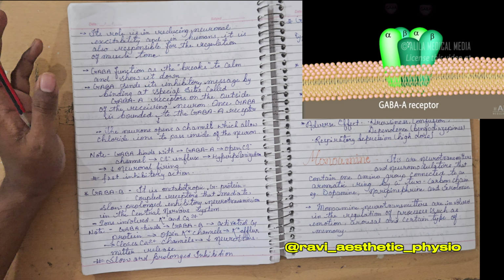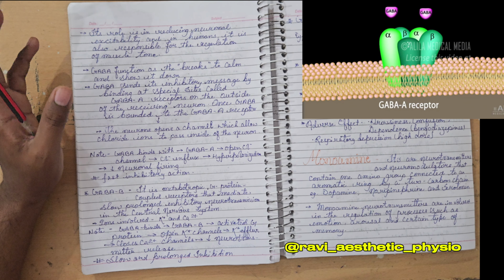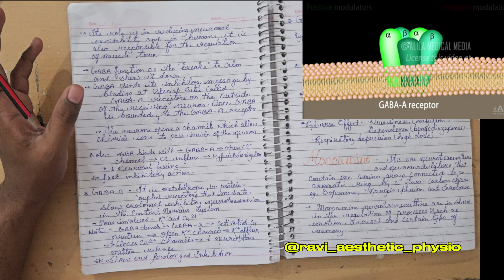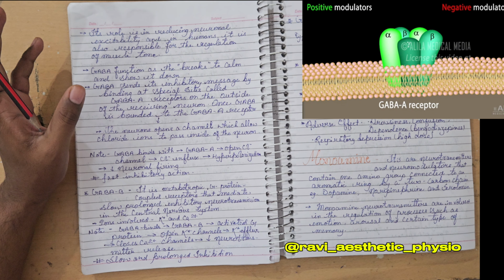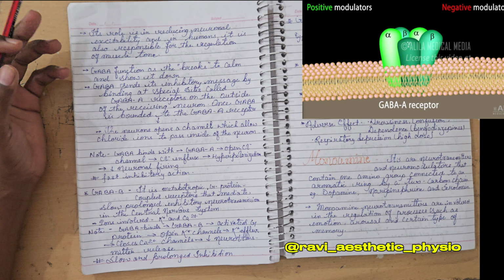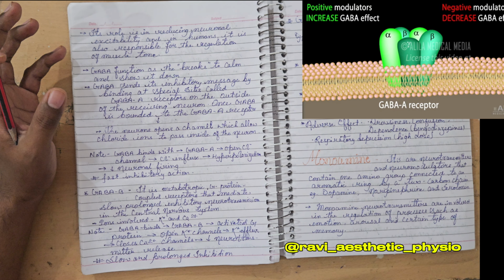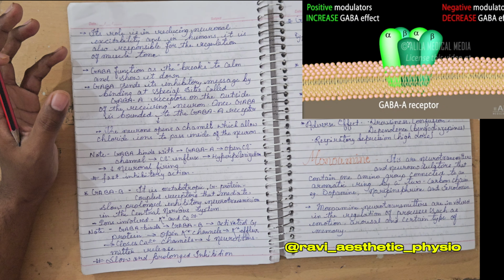It means that if the GABA-A receptor binds on the postsynaptic neuron, it helps to open the channel to allow chloride inside the neuron, to perform different functions in the body.